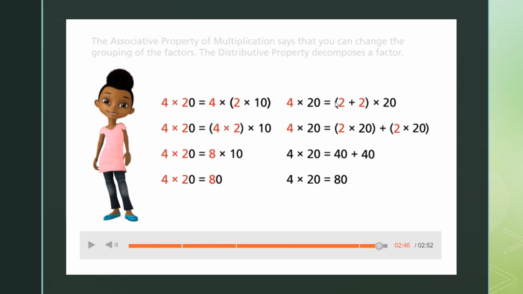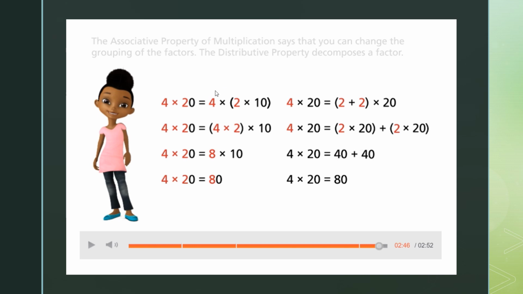So this 2 times 20 and this 2 times 20. Once we get those products, you add them together. 40 plus 40. Okay, so that's what you need to look for.